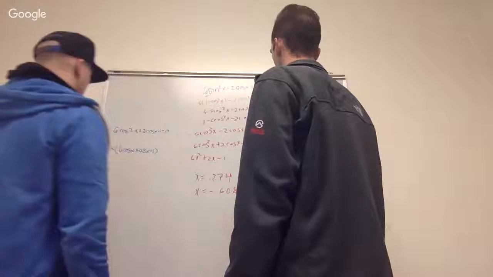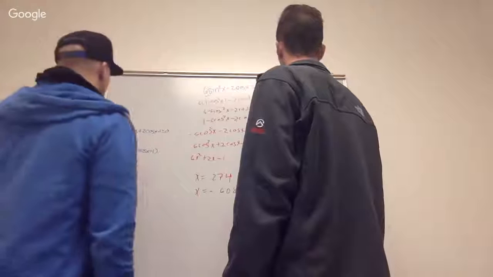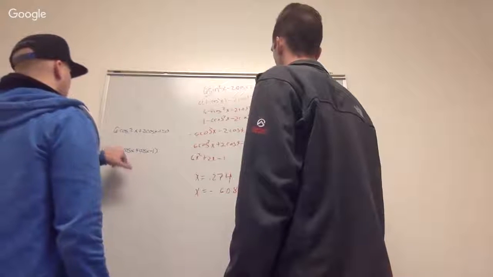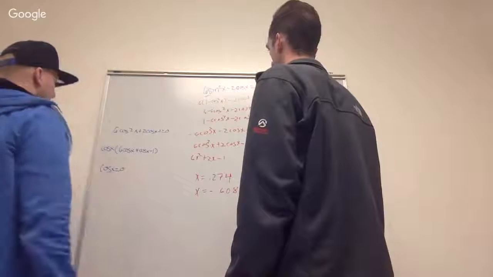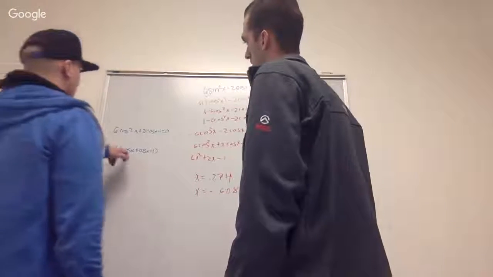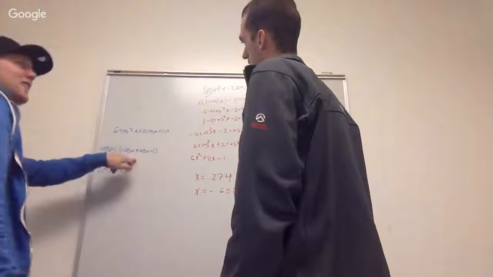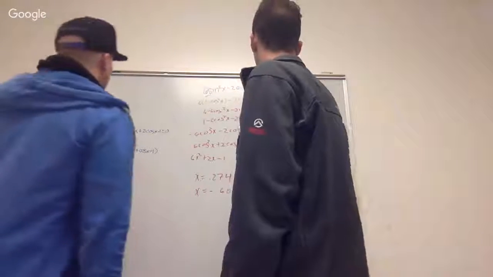Because then we would have had to break it down and ask what this equals. So this is pretty much saying cosine equals 0 on that side. But this is the crappy part, you have to factor this into this.